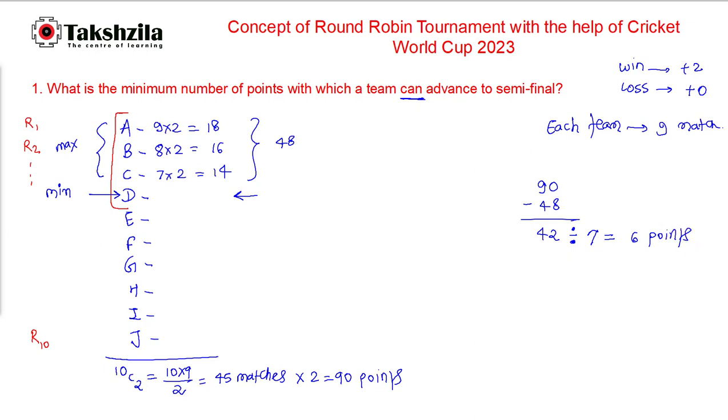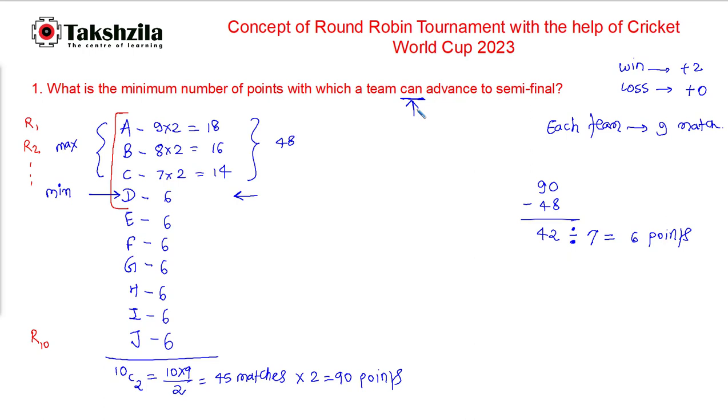So from this, we can conclude that even after scoring 6 points, a team can play the semi-final. Now if 2 or more teams have the same number of points, then the run rate comes into the role. The team having the better run rate will get the 4th position.